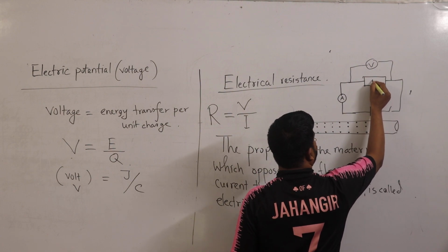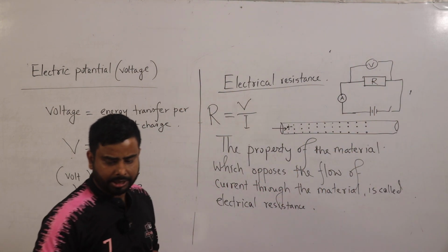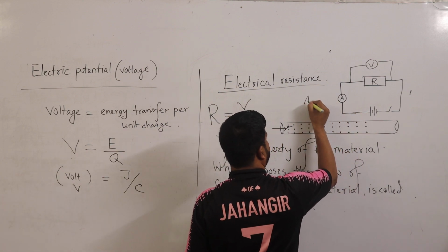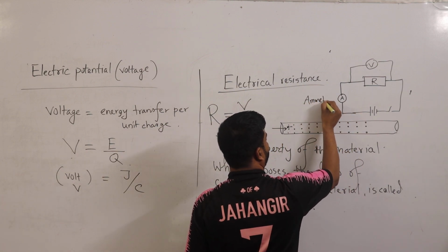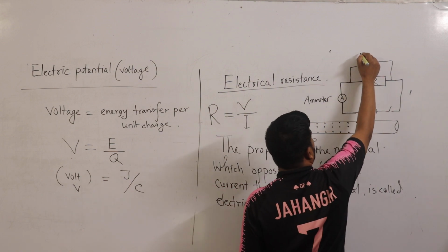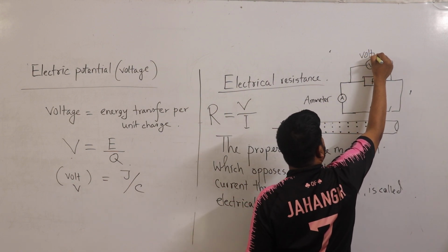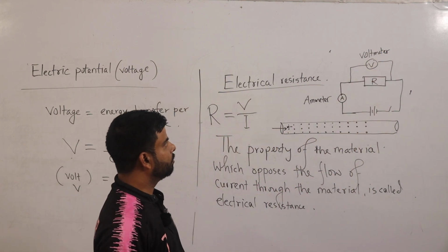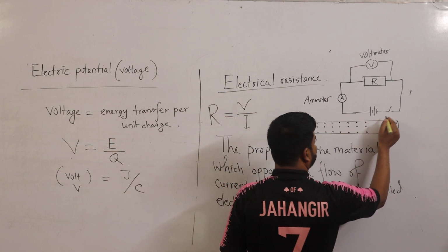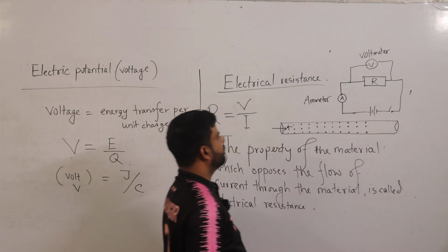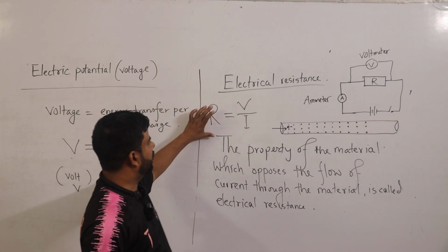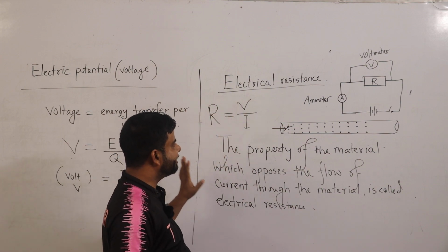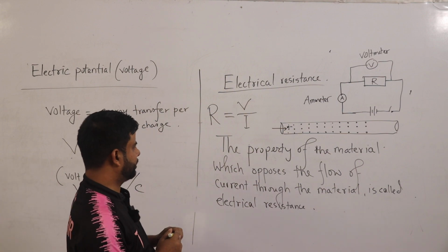This one is the fixed resistor. The voltmeter must be connected in parallel across the resistor. There is a battery and a switch. By using the formula resistance equals voltage divided by current, we can easily calculate the resistance.